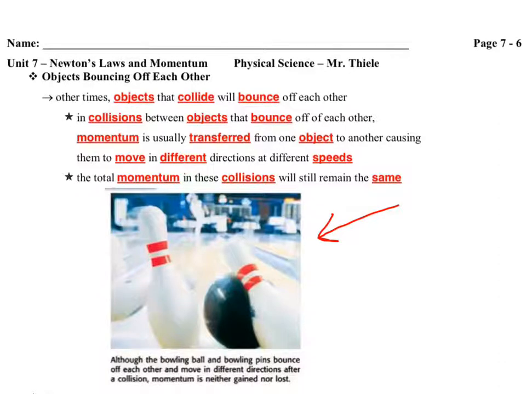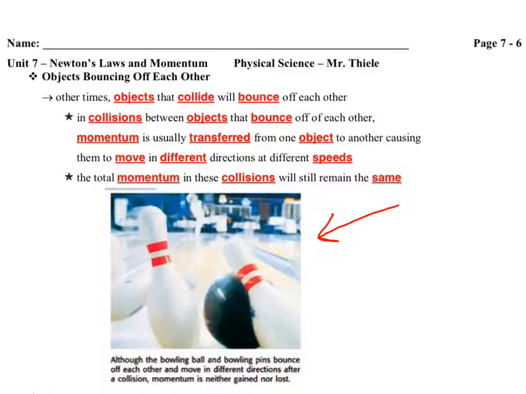You have bowling. In bowling, you'll have the bowling ball moving down the lane, and as it goes down the lane, it has some mass and velocity, and therefore some momentum. What happens when the bowling ball strikes the pins?